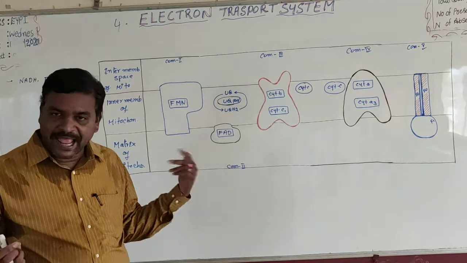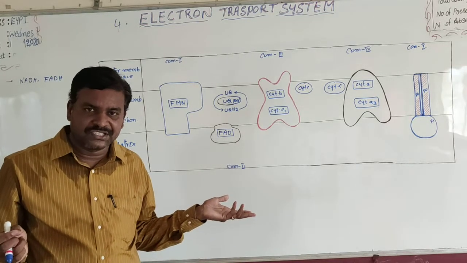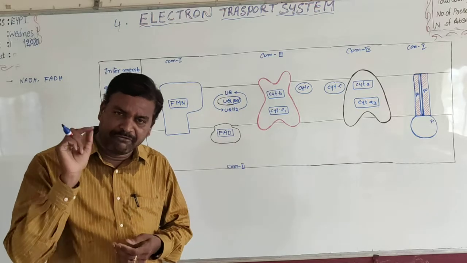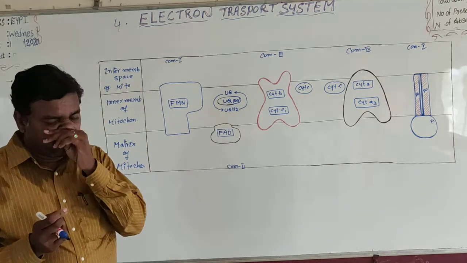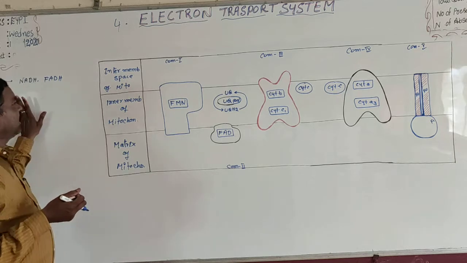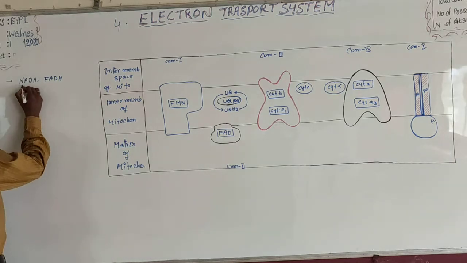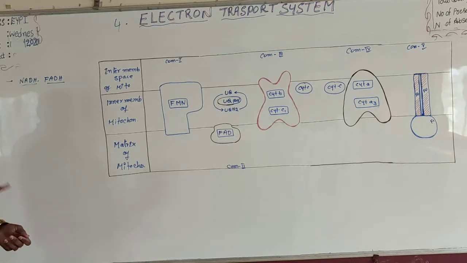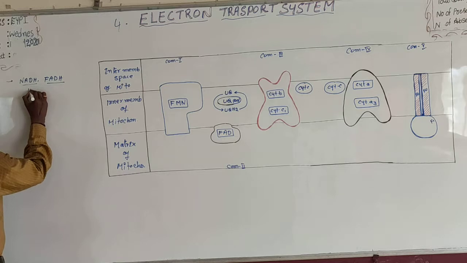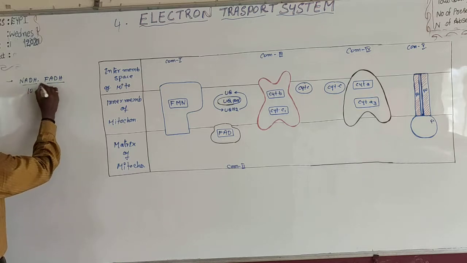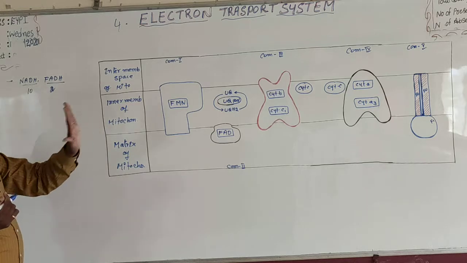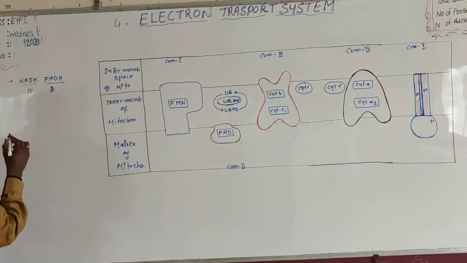Finally, they are accepted by molecular oxygen, and it leads to the formation of one molecule of water from every coenzyme. In this way, 12 coenzymes are formed in aerobic respiration for one glucose molecule: 10 NADH2 and 2 FADH2. Now they oxidize through this series.